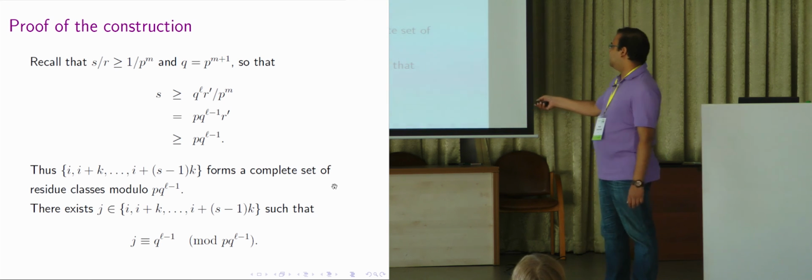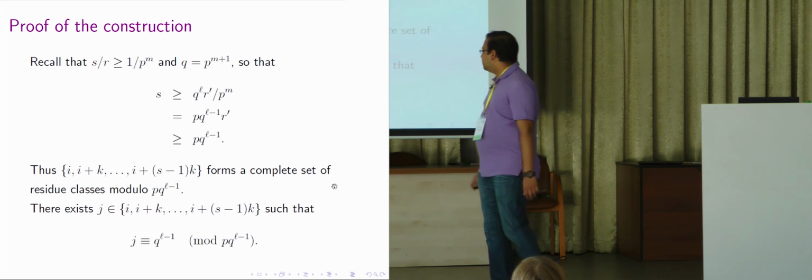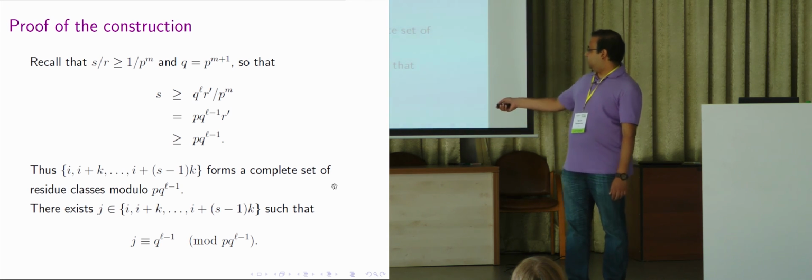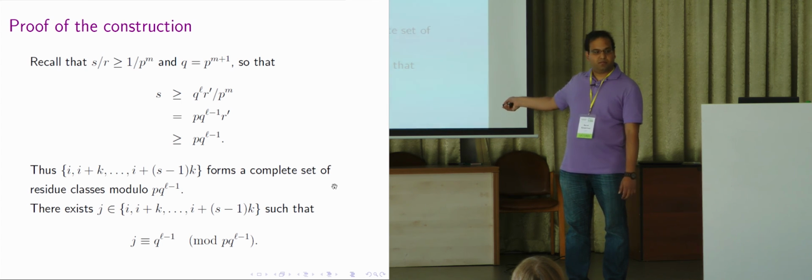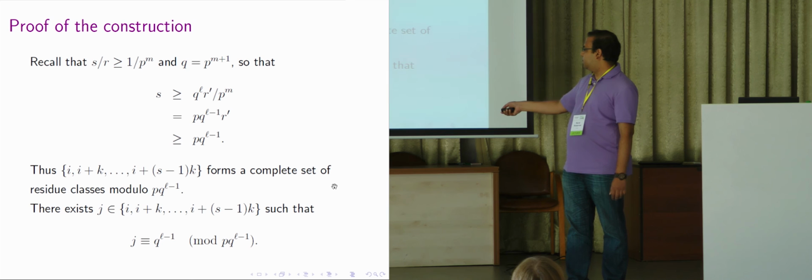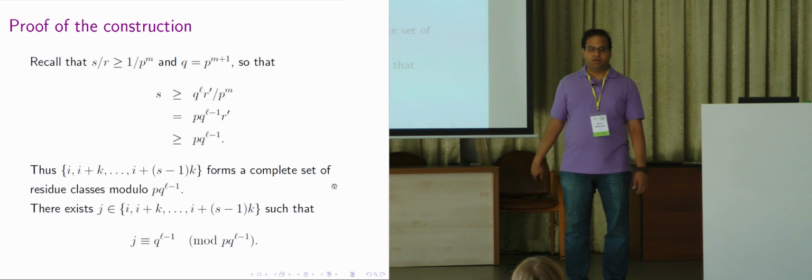Therefore, there must exist one of them congruent to this value mod p times q to the L minus 1, because all of them are there, so I can find certainly one congruent to this.